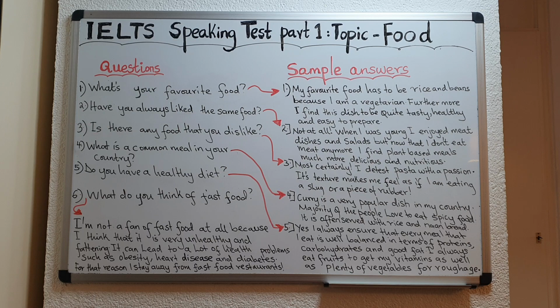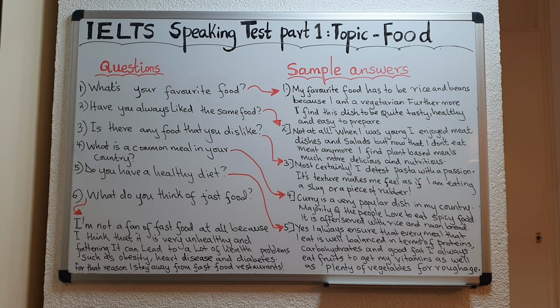So whatever question the examiner asks you, please ensure that you provide 2 to 3 points in order to score high marks, and join your points together using linking words, okay? Use linking words like and, furthermore, okay?